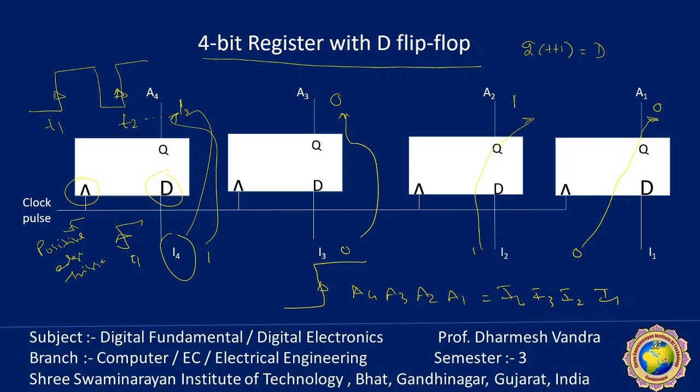The way this flip-flop register is triggered is of primary importance. Remember, when the clock pulse goes to 0, the information present at the data input is held. Now suppose during the time when the clock pulse is 0 or 1, my input is changed, but A4 is not changed. It remains stable, so it is holding the data.